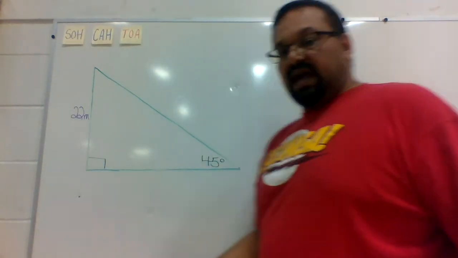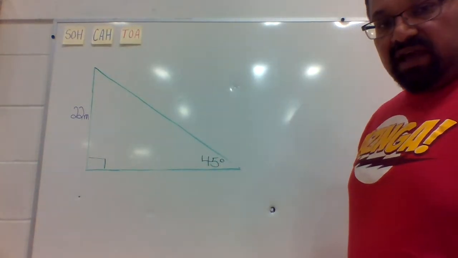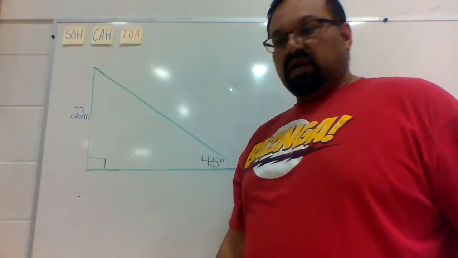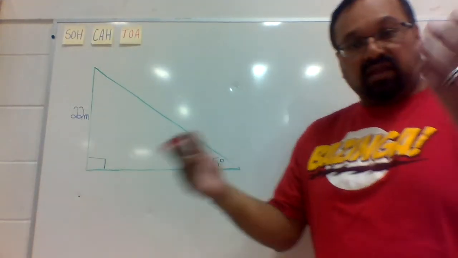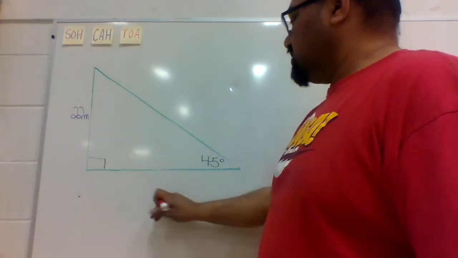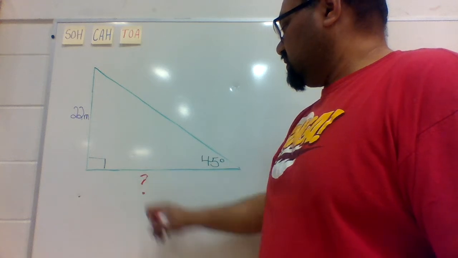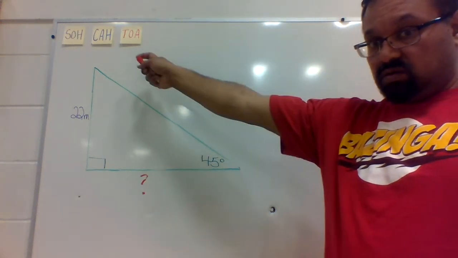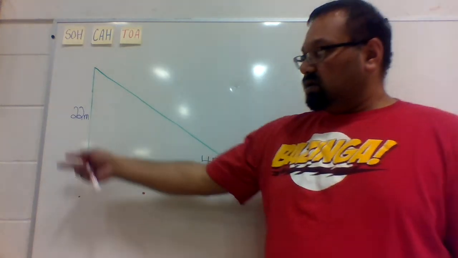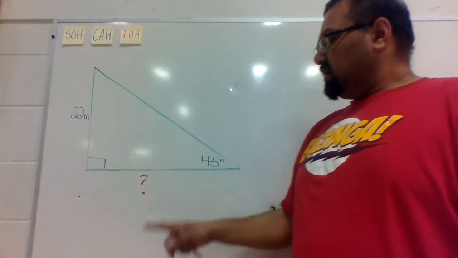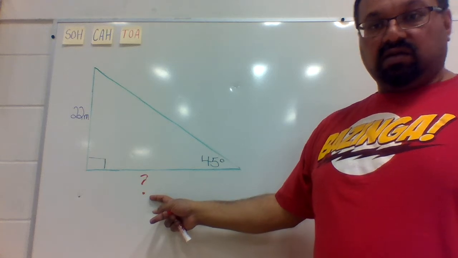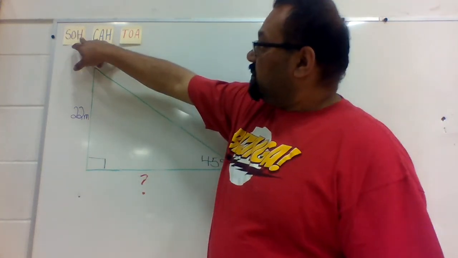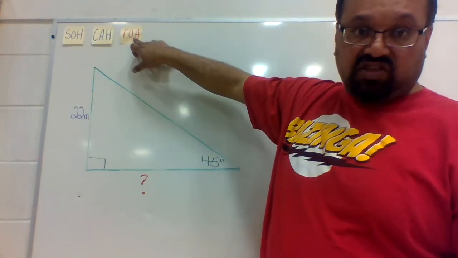Now, taking a look at what we have: a 45-degree angle, we have the 22, and let's say for the purpose of this video, we're looking for the side here. Which of the ratios requires the opposite side and the adjacent side? Opposite, adjacent.